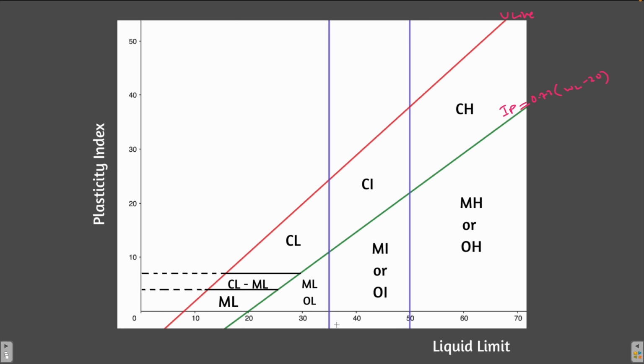So for liquid limit 40, this is the liquid limit 40. For this liquid limit, we have to find what is the value of IP over here, the plasticity index over here. How to do that? It's very easy peasy.